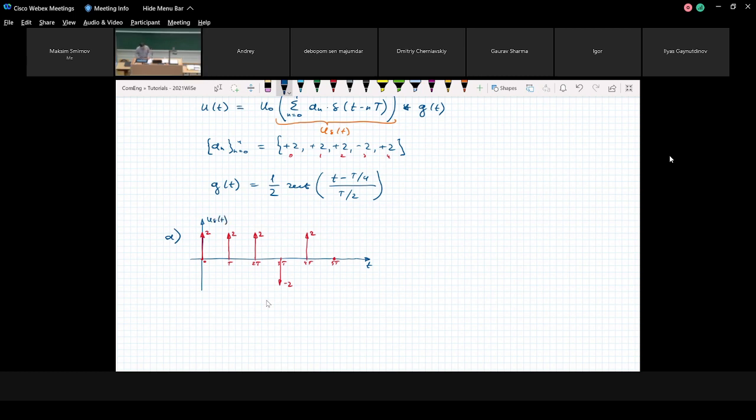Then the next signal, more specifically the pulse shape function g of t. The duration of this pulse shape function is T over 2, and at the same time it's shifted by T over 4 to the right.